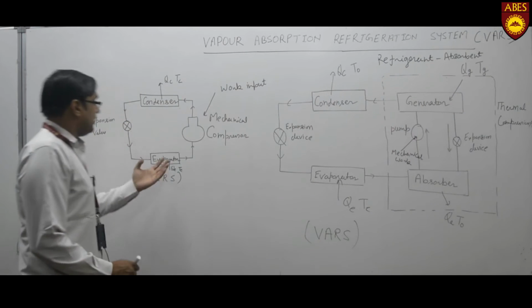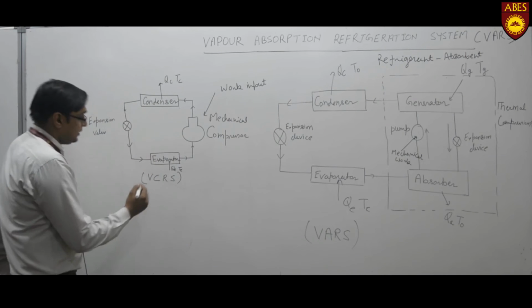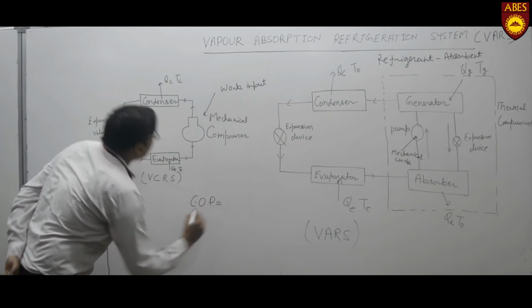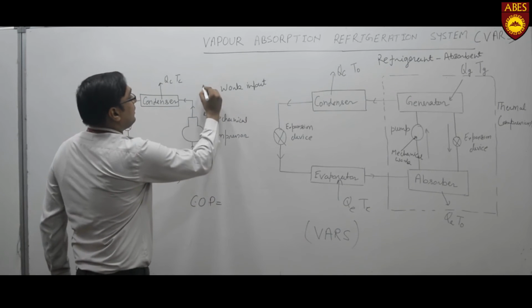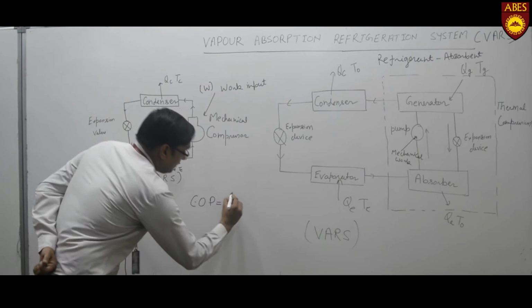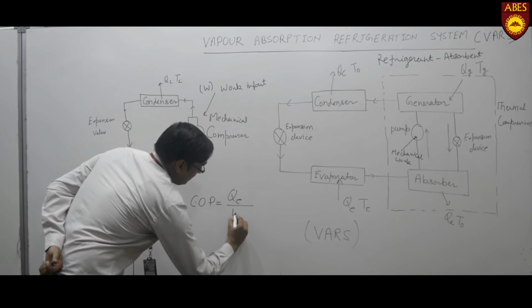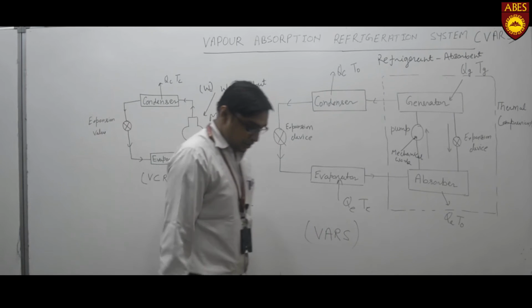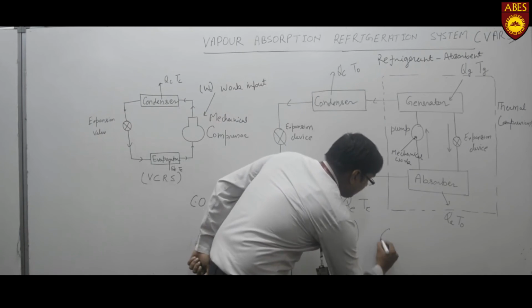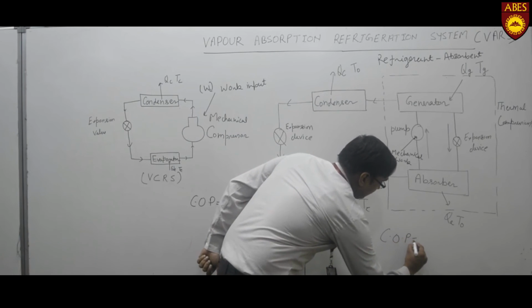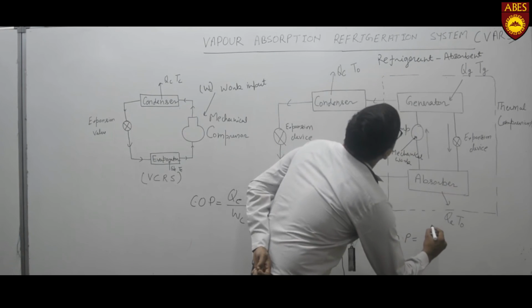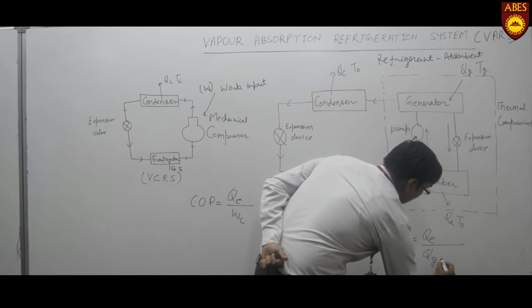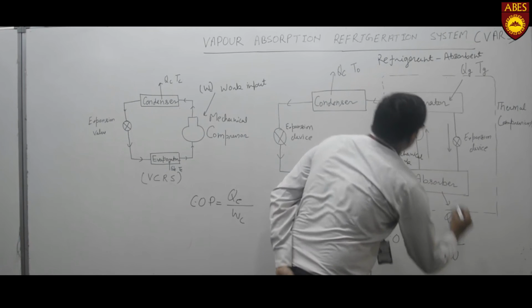If we calculate the COP of both the systems, then COP of VCRS system is QE upon WC. But in case of VARS system, COP will be QE upon QG plus WP.